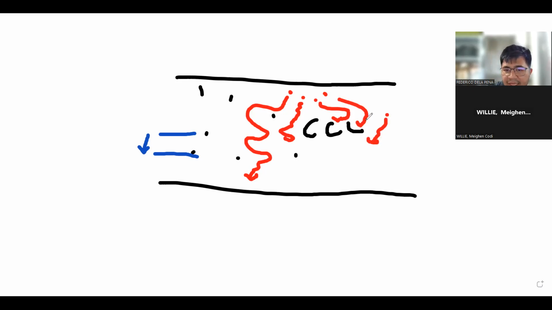And if you look at this from the Darcy velocity perspective, this group might actually appear to be moving very slowly. But if you look at it from the perspective of seepage velocity, it is possible that some of the leachates are moving quite fast and quite directly towards the bottom of the CCL.